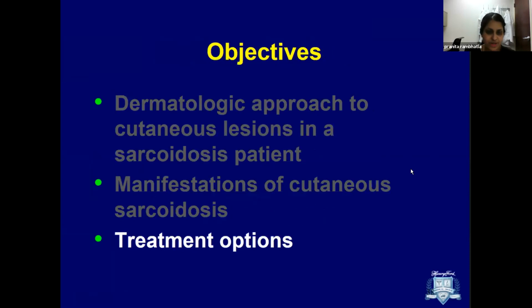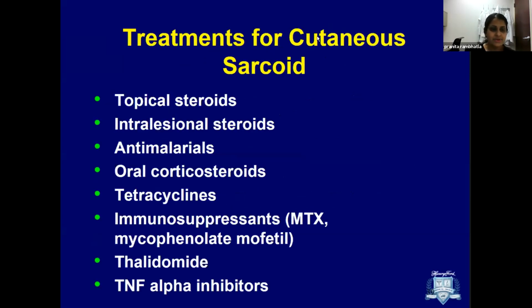All right. And finally, we'll go on to some of the treatment options that we have. So this is our treatment armamentarium that we use in dermatology. We usually start off with topical steroids for cutaneous disease. Obviously, if our patients have multi-system disease, we're coordinating with pulmonology and cardiology, because their pulmonary and cardiac involvement really can take precedence.